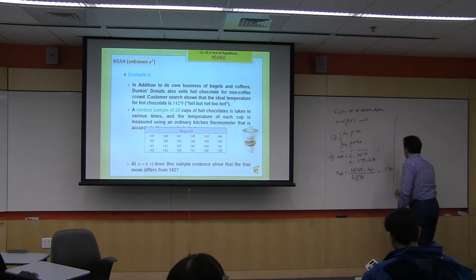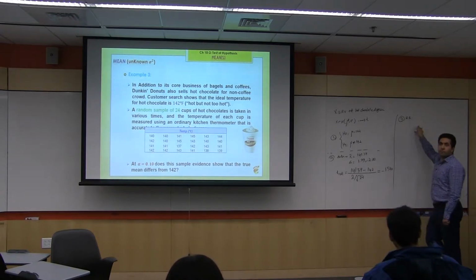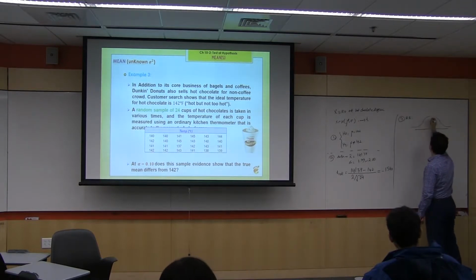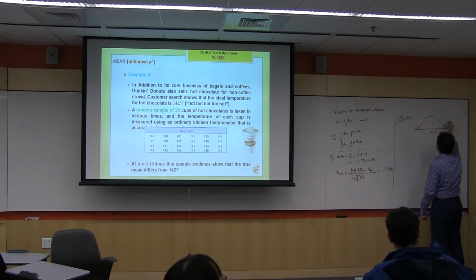I go to the third step, forming my rejection region. Distribution is a t-distribution. Type of the test, two-tail test.